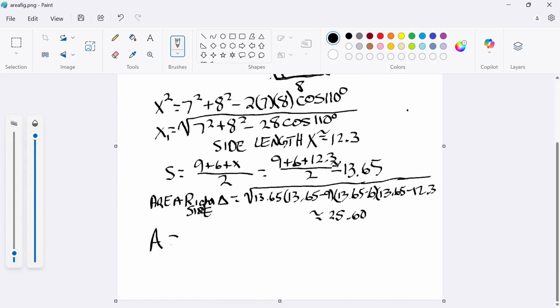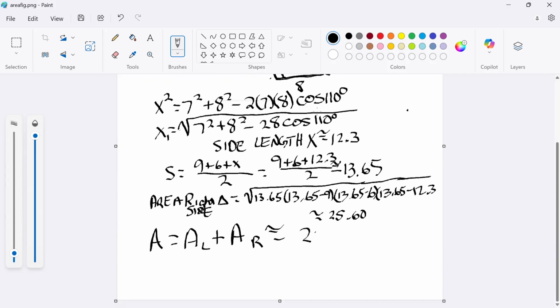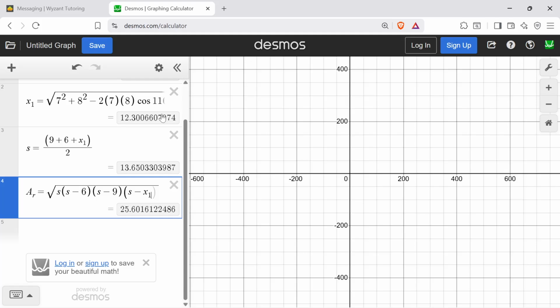So the area of the whole figure equals the area of the left triangle plus the area of the right, approximately 26.31139 plus 25.6, but I'm going to do it exactly on here.